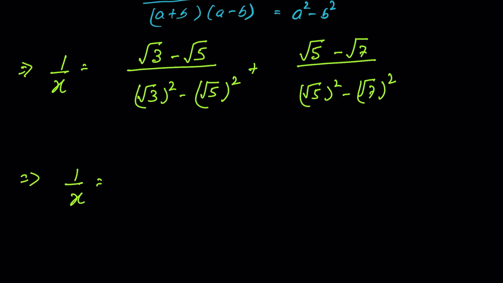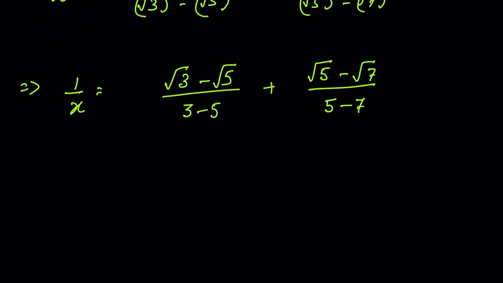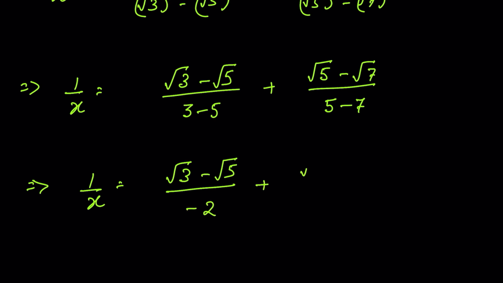Or 1 upon x equals, we remove the square root with this square, so it is square root of 3 minus square root of 5 upon 3 minus 5, plus square root of 5 minus square root of 7 upon, again remove the square root with the square, so 5 minus 7. Or 1 upon x equals square root of 3 minus square root of 5 upon minus 2 plus square root of 5 minus square root of 7 upon minus 2. 5 minus 7 is minus 2.